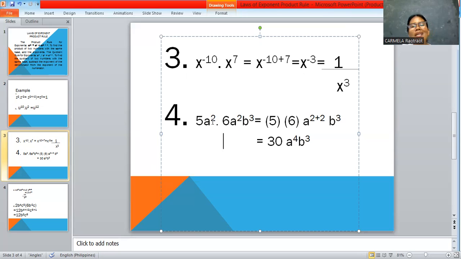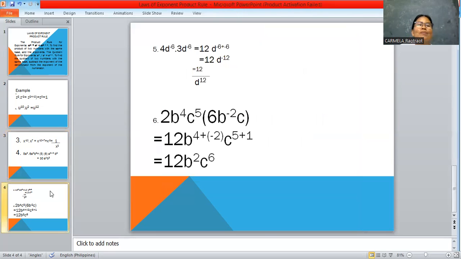How about the a? That is a raised to the power of 2 plus 2, that is a raised to the power of 4. What about the b? You are going to copy. Therefore, 5a squared times 6a squared b cubed is equal to 30 a raised to the power of 4 and b cubed.